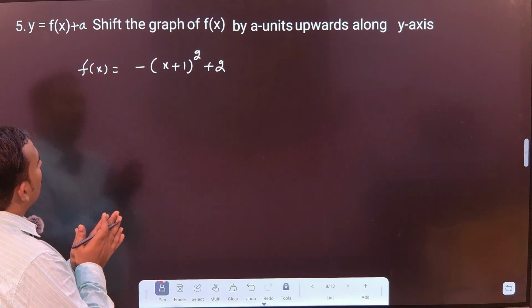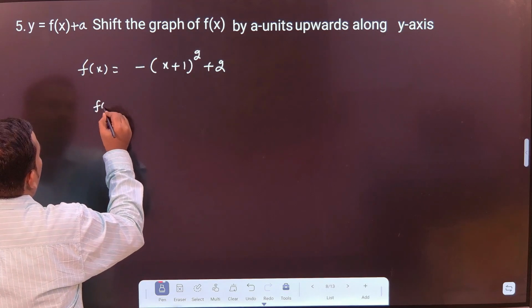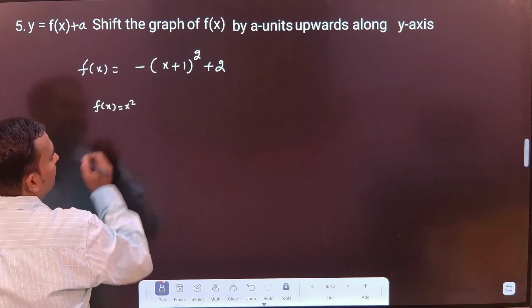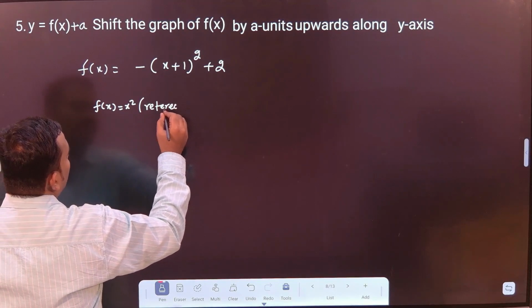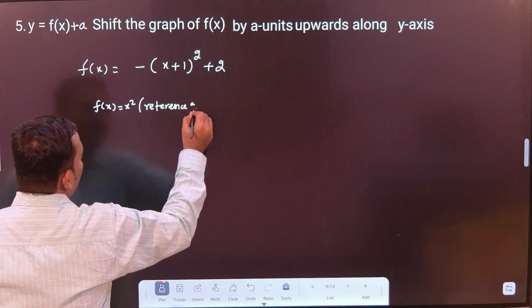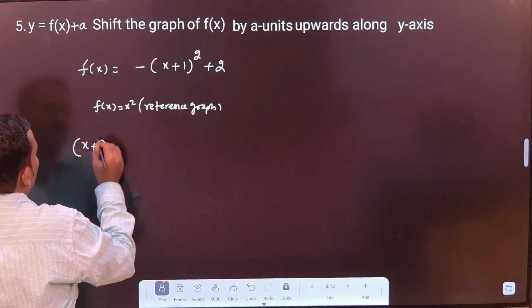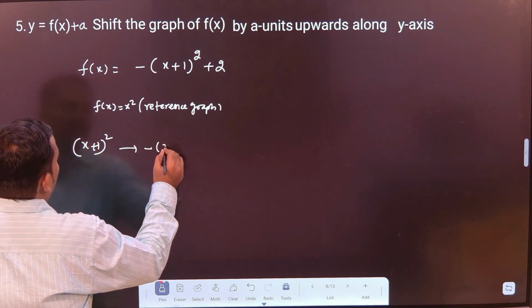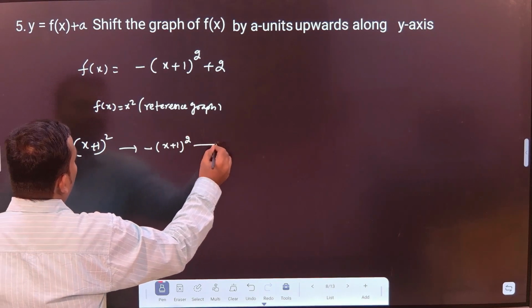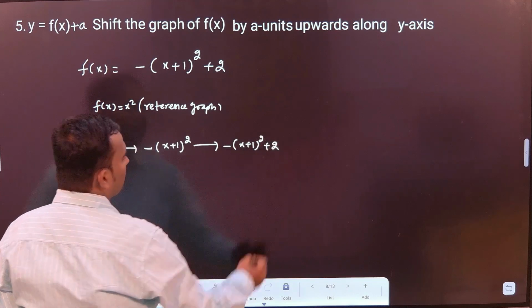So then how to draw the graph of this first? The reference graph is what? x square. This is your reference graph. The first step is (x plus 1) whole square. Then after that minus (x plus 1) whole square. And then after that minus (x plus 1) whole square plus 2.